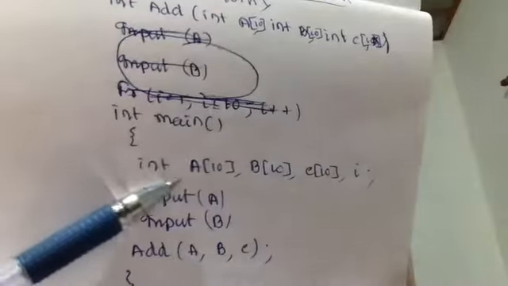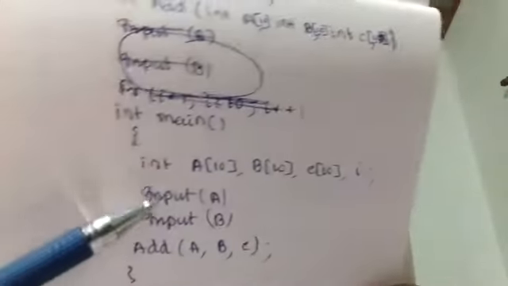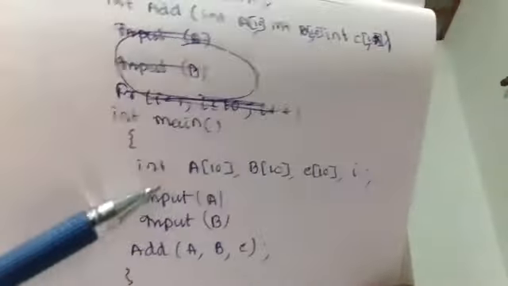Now I declare this variable, input A, input B, in the form of single dimensional arrays. I am keeping it short. You use a for loop, again a for loop, then scanf. Now what I do is add(A, B, C). I call the function.